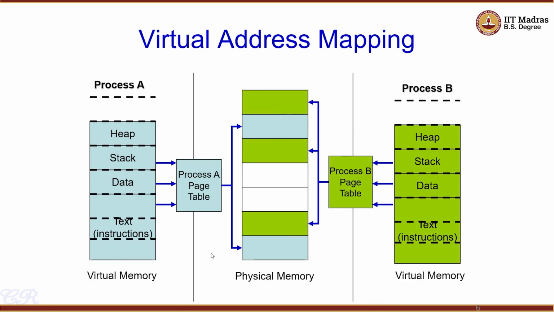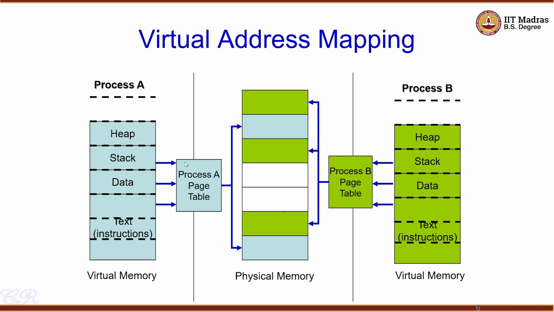Okay. So, this is another view of the virtual address space. We had the virtual address space for two processes, process A and process B. Each of them is a contiguous region starting from 0 to some very high value, and it is split into blocks of typically 4 kilobytes.